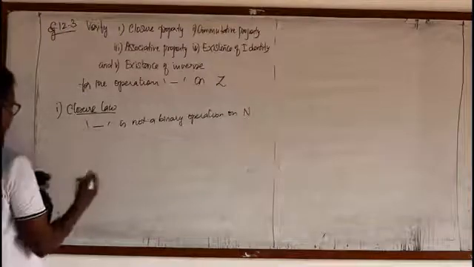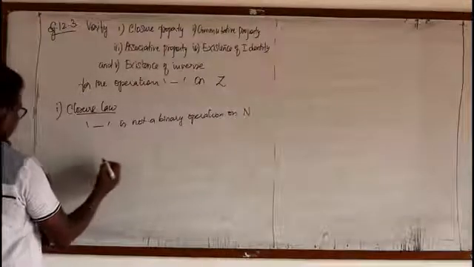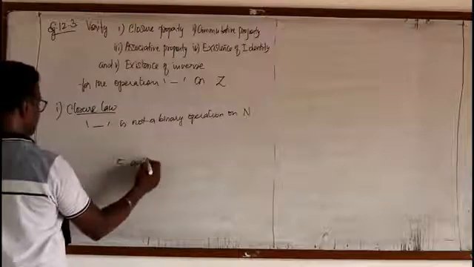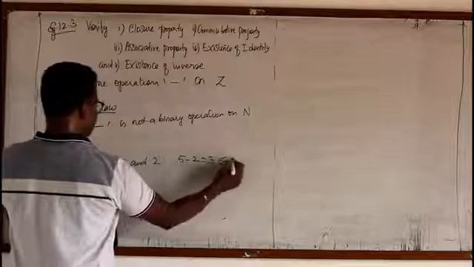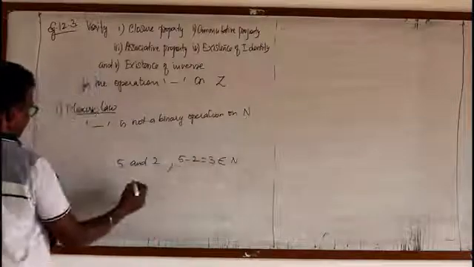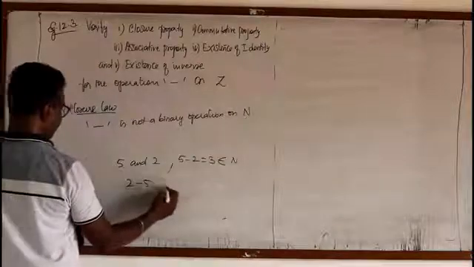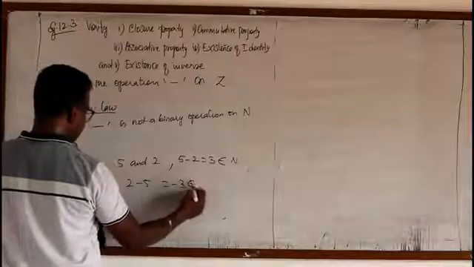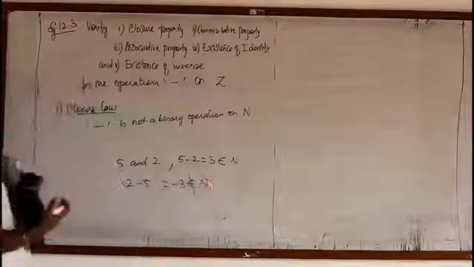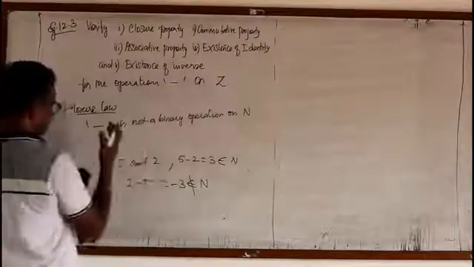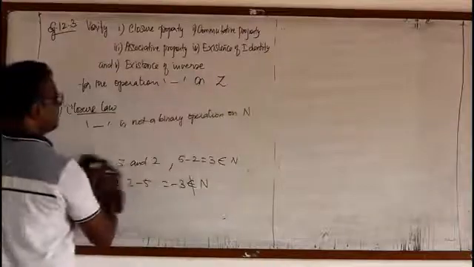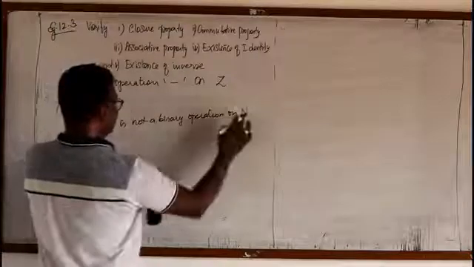Suppose I take two numbers, for example 5 and 2, then 5 minus 2 is 3, which definitely belongs to N. Whereas if I take 2 minus 5, then it is minus 3, which does not belong to N. So minus is not properly defined in N. Therefore minus is not at all a binary operation on the set of natural numbers.